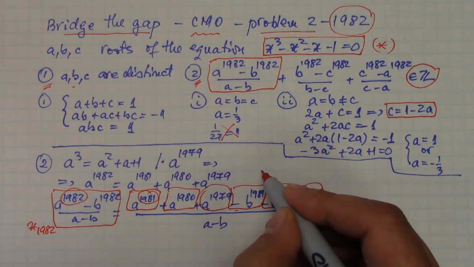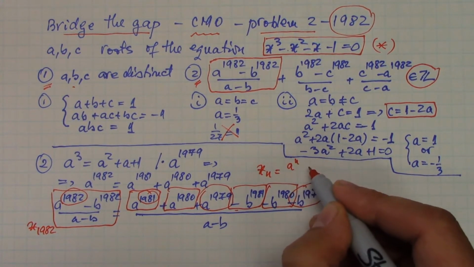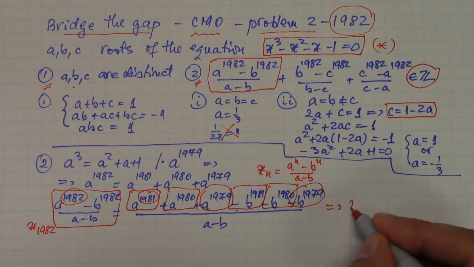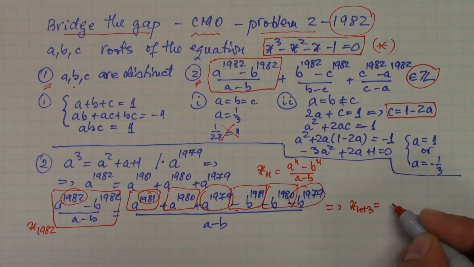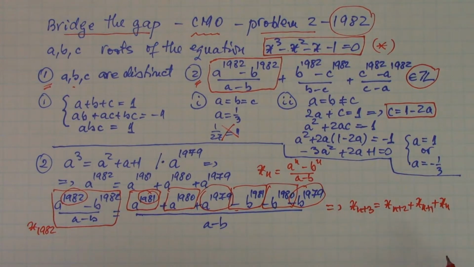So basically, if we call xn to be a to the power of n minus b to the power of n over a minus b, we can generalize this equality by saying xn plus 3 is equal to xn plus 2 plus xn plus 1 plus xn. Actually, I like this much better because we get a relationship that has nothing to do with any 1982, 81, 80, and so on.